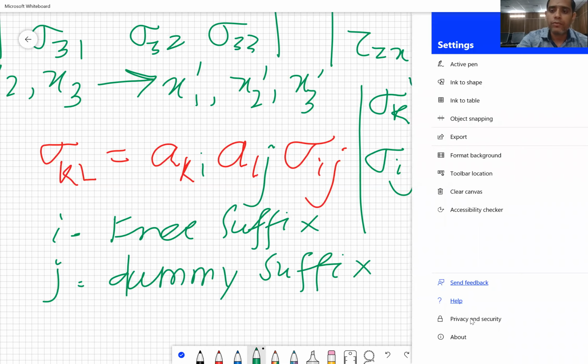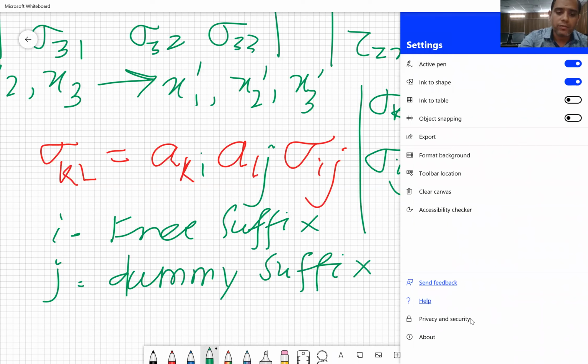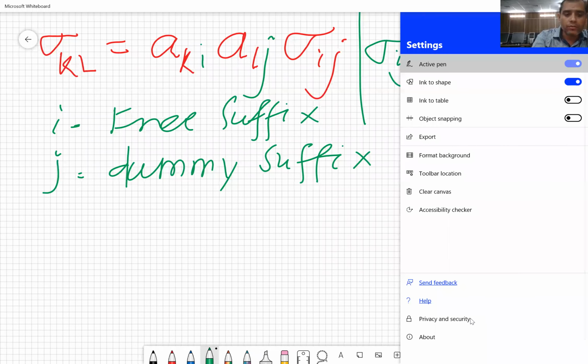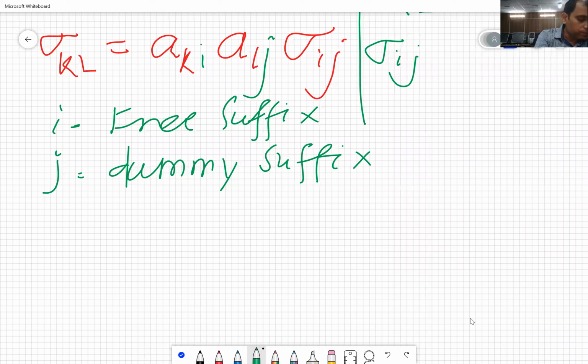So using the dummy suffix and the free suffix here, j is the dummy suffix, so we sum over j equals 1, 2, 3.